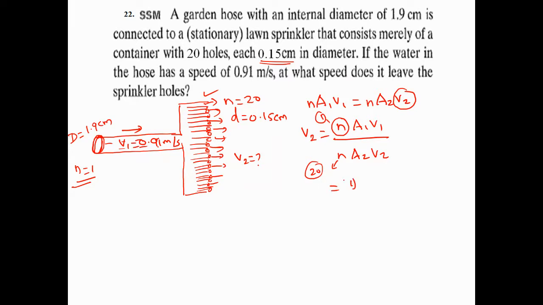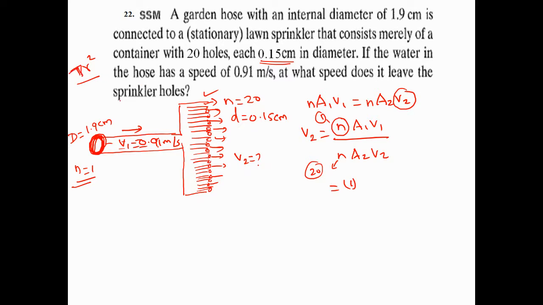n1 multiplied by, how to find the area? Just before, I told you the diameter of the pipe is given on both the left hand side and the right hand side. If the diameter is given, it means it's circular in shape, so the area is the area of the circle, pi r square.